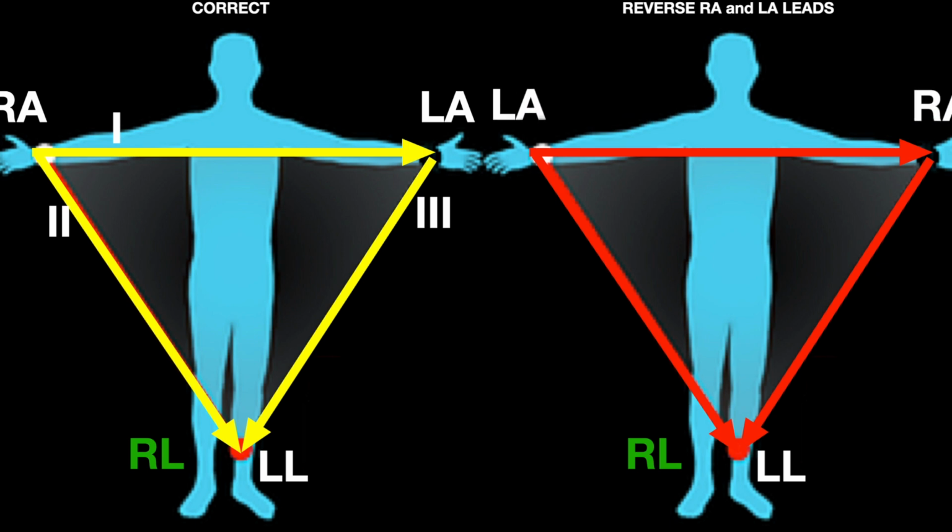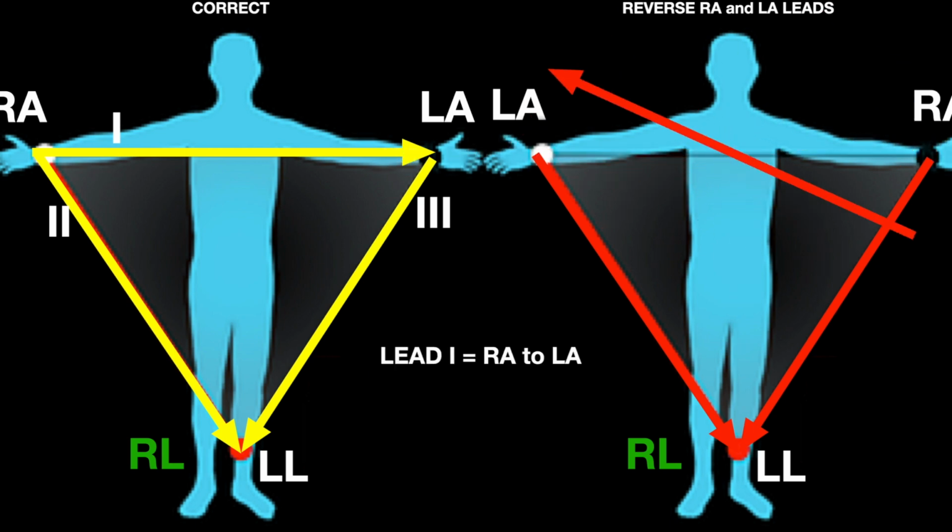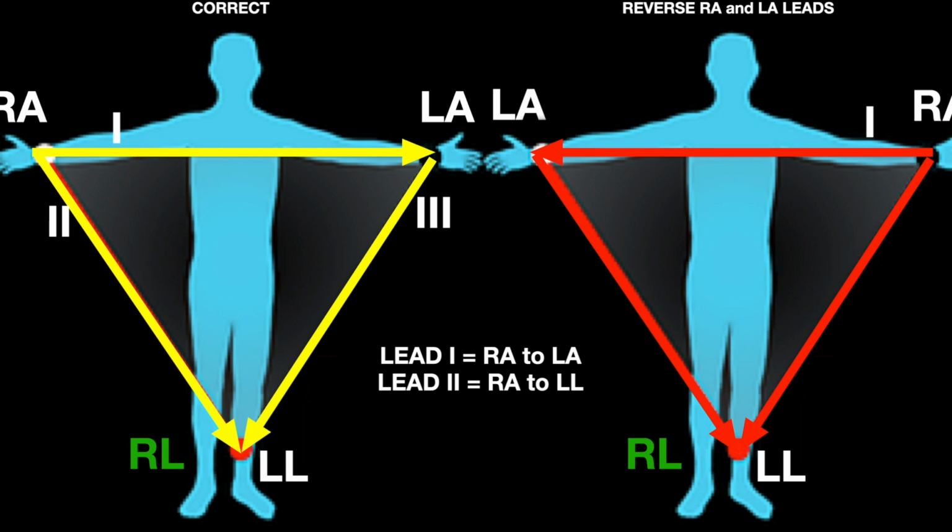Well, we take lead 1. Lead 1 is measuring from RA to LA, and in this case, RA is over here instead of over here. So that flips over. Then we know that lead 2 by definition is the difference between RA to LL, which is now over here instead of over here.